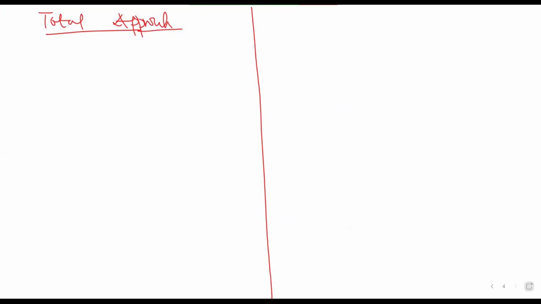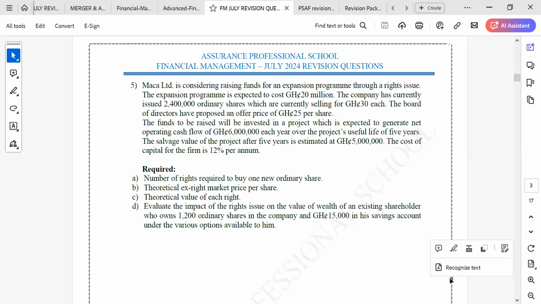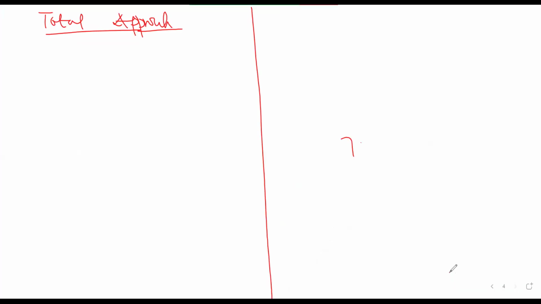Currently, what is the total equity value? 72 million, isn't it? Yes, 72 million. So this 72, what will be added to it?